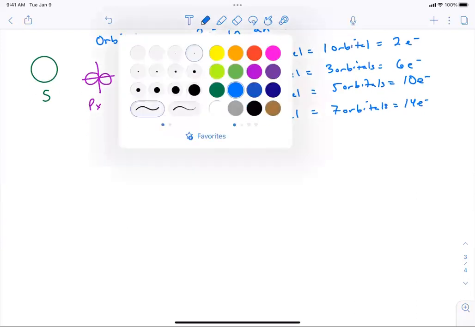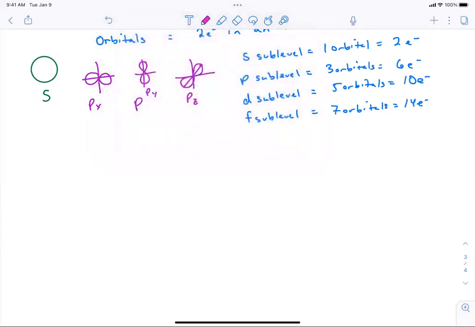A nice little trick for an energy level's total orbitals is n squared. So if I don't care what letter the orbitals are, I just want to know how many total orbitals are in an energy level, I just square that energy level number.